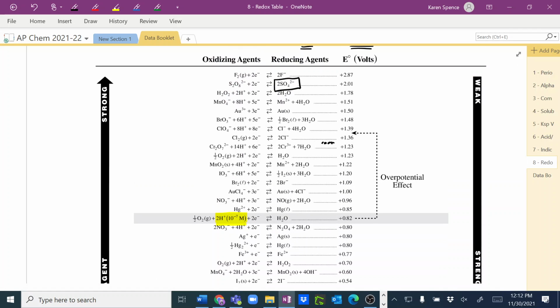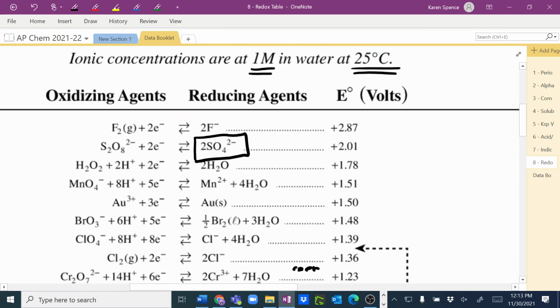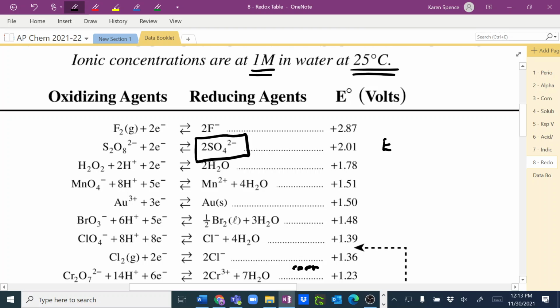So for the two things that could be oxidized, I have sulfate, which could be oxidized, or I have water, which could be oxidized. Remember that when we're going backwards, what's the voltage for the oxidation of sulfate? So if I'm going backwards, it would be negative 2.01 volts, yes?